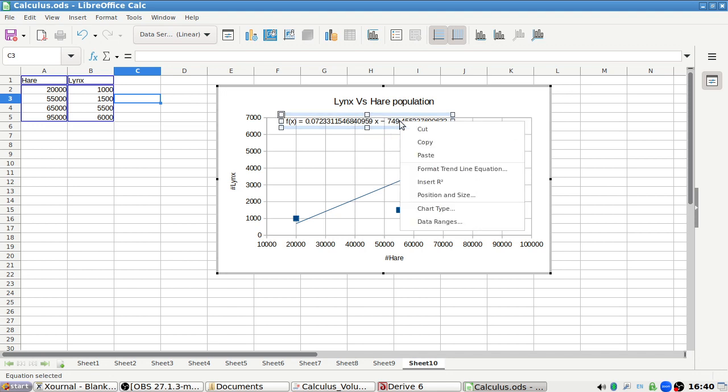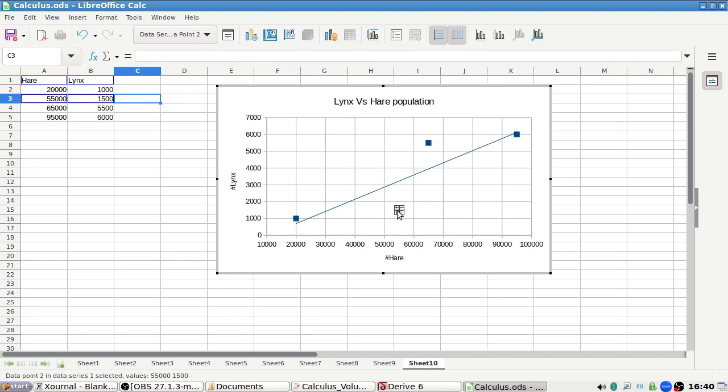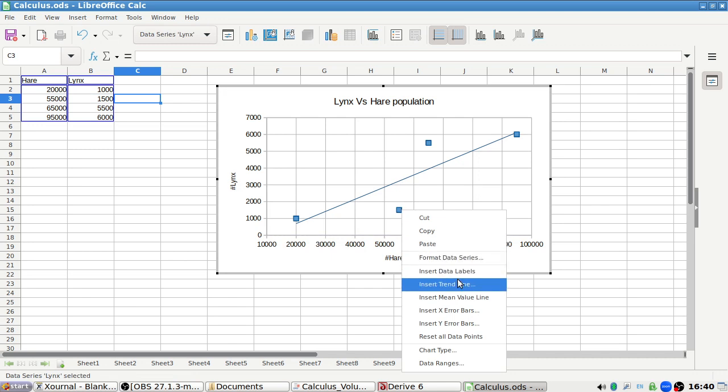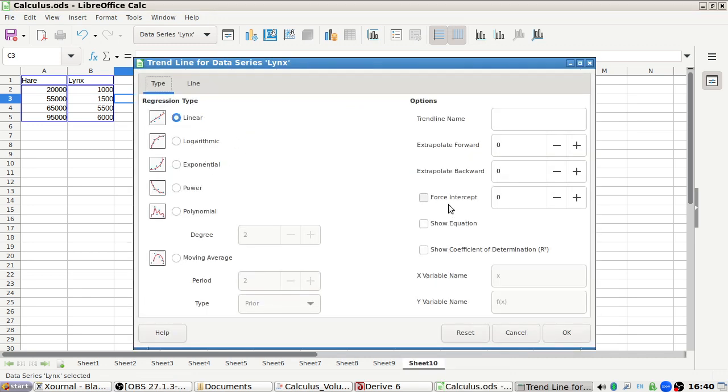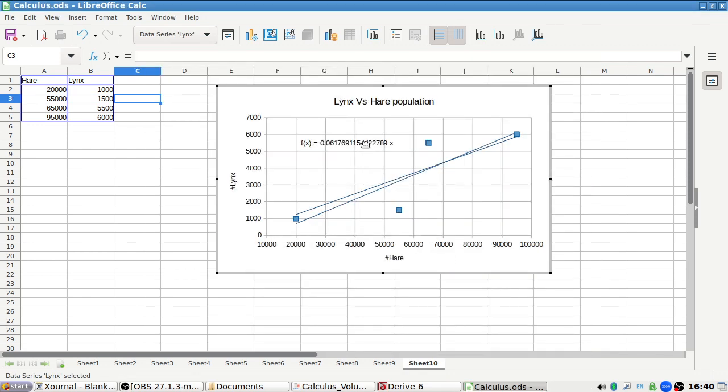And maybe actually, yeah, I should insert trend line. I should do linear, but I should force it through the origin, I think, and show the equation. Okay. So it's not perfect, but it gives me an A at least.